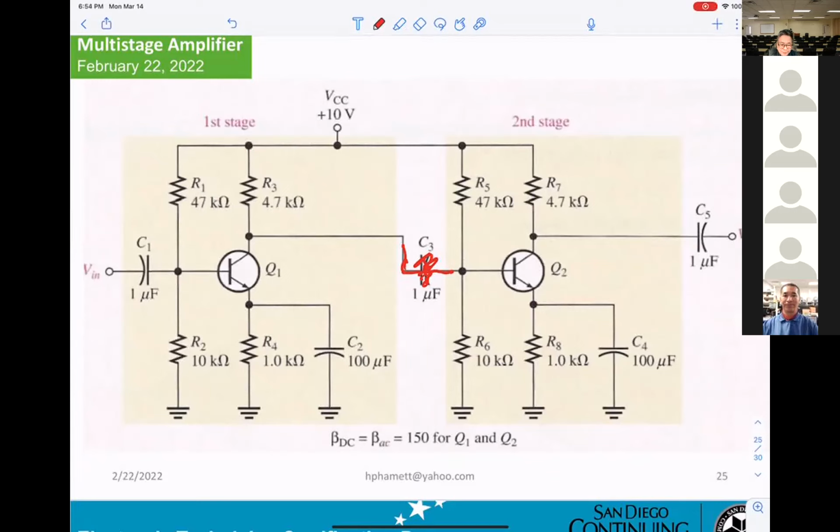You have to chat me your name, okay? Please. I want to know. I understand your voice from a couple of things, but I don't know your name. Okay? Direct coupling.